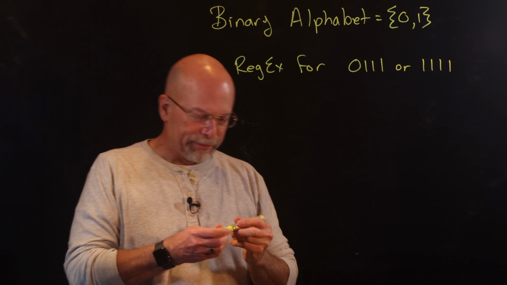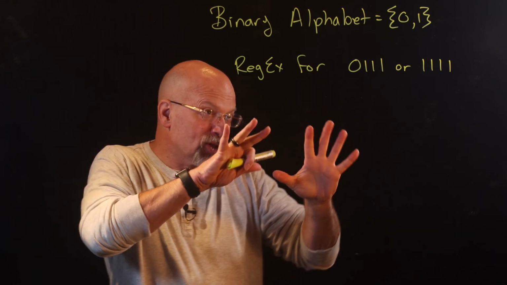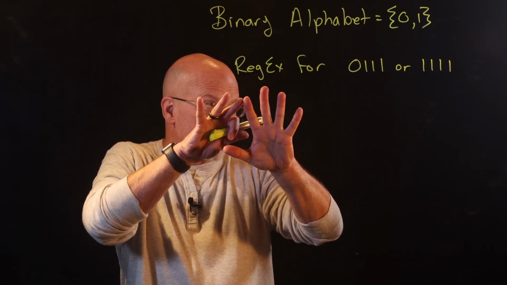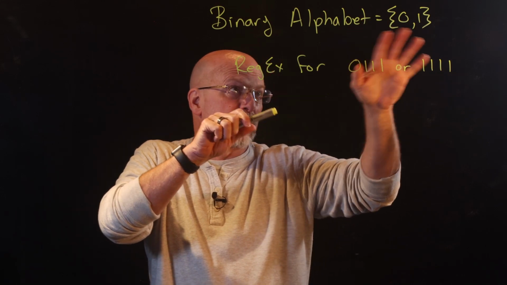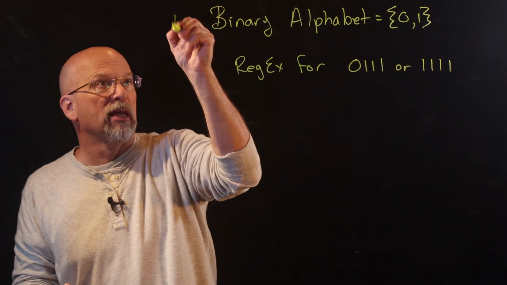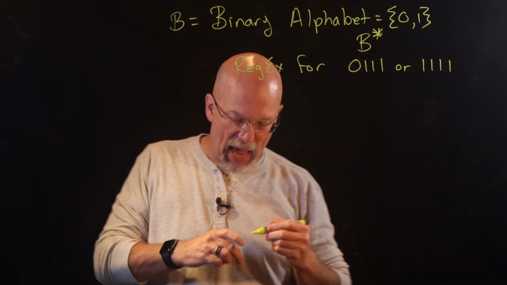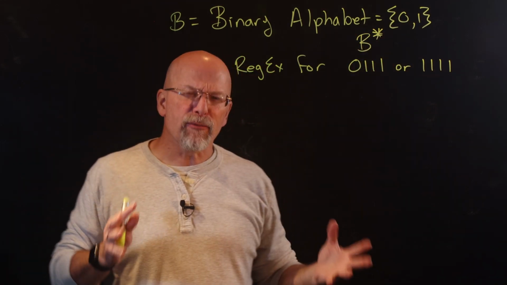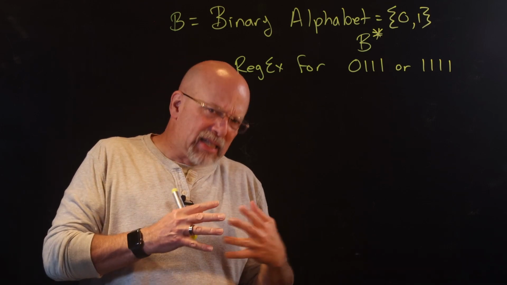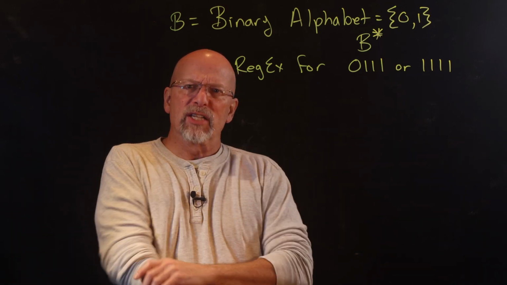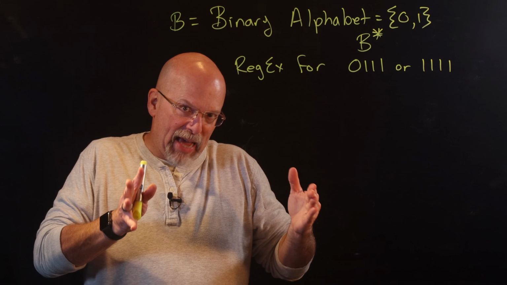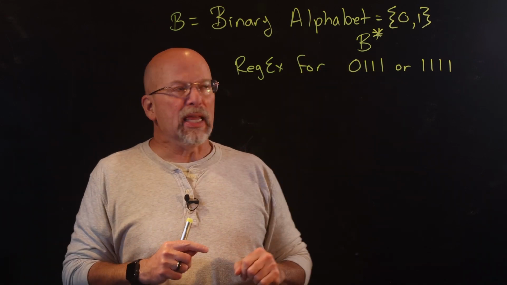All right. Now, real quick, what I'm saying is that I need a regular expression that is going to pull from this binary alphabet. And let's just say that we're setting B equal to this binary alphabet. So our set B star is every possible combination of ones and zeros into a string that we can come up with, finite length, including the empty string.